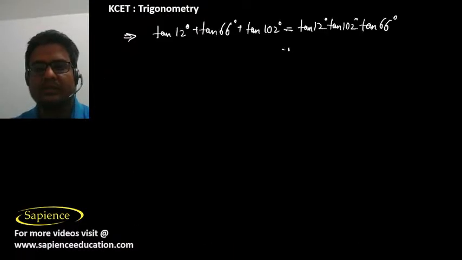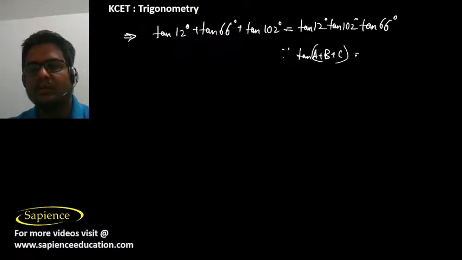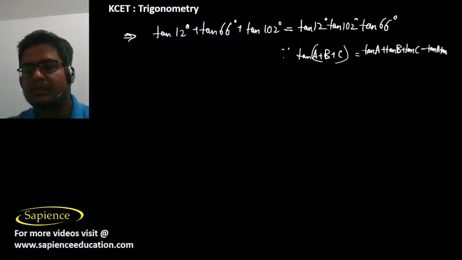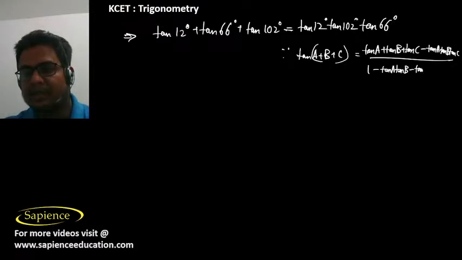Since we know that tan of a plus b plus c is equal to tan a plus tan b plus tan c minus tan a tan b tan c, divided by 1 minus tan a tan b minus tan b tan c minus tan c tan a.